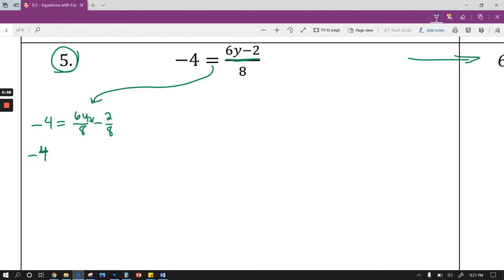So -4 is equal to 6/8 y minus 2/8. So now at this point we have a two-step equation, and then we can go ahead and solve that using our two steps.